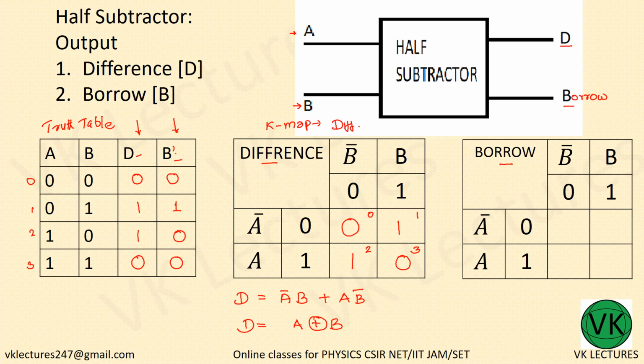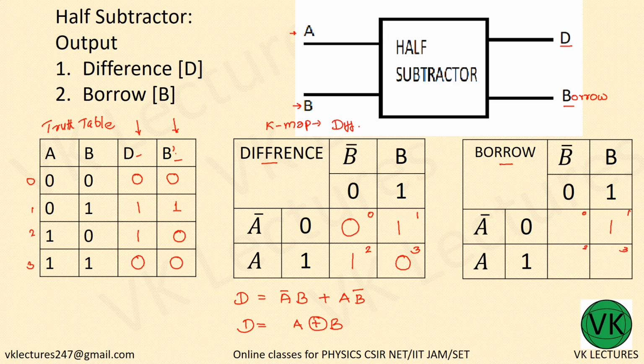Now coming to the borrow, there is only one borrowing, where it is 0 1, that is 1. So this is 0, this is 1, this is 2, this is 3.